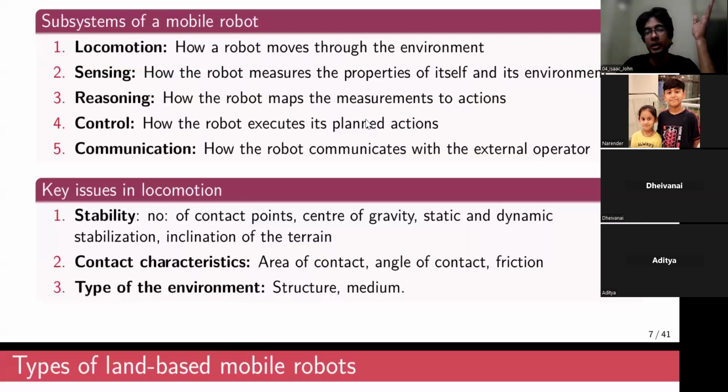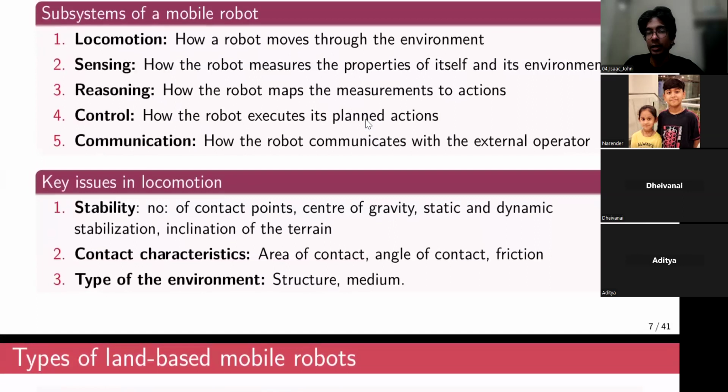Stability is a key issue, not just for legged robots, even for wheeled robots. Even if you have four wheels, due to these inherent issues, it can have stability issues because of the point of contact. Center of gravity is actually a huge factor. For example, if you have a robot like this, very short, not that tall, and very wide, its center of gravity is very close to the ground.